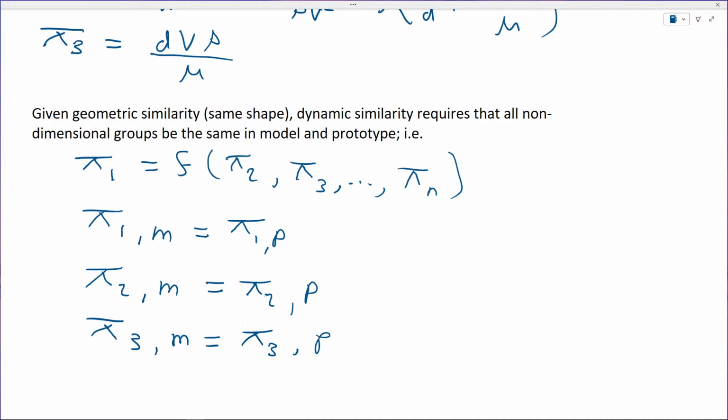So if these are the same because of the laws of similarity, then these will be the same.